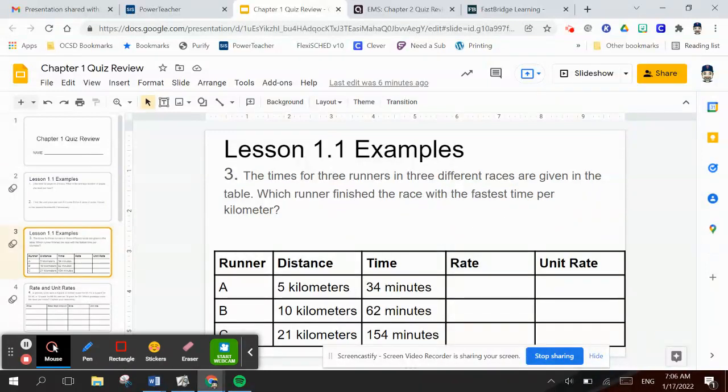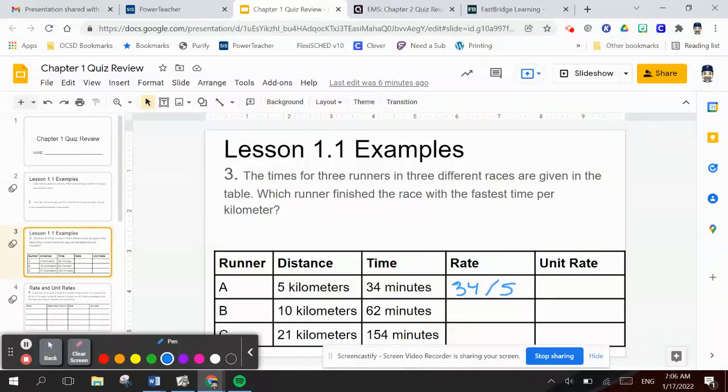The times for 3 runners in 3 different races are given in the table. Which runner finished the race with the fastest time per kilometer? Looking at per kilometer, runner A has 34 minutes and 5 kilometers. So my rate is 34 and 5 kilometers.